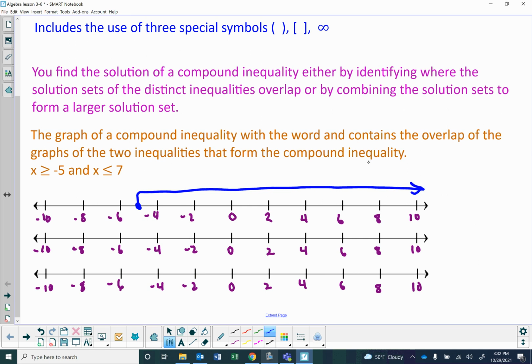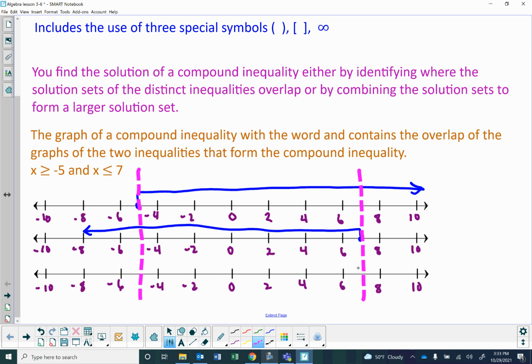And then if we say and x is less than or equal to 7, well, 7 is here, halfway between 6 and 8, and we're talking about less than, which means it's going to the left forever. So the combination of the two is where this inequality overlaps with this inequality right here. So it's only between the two pink dashed lines.